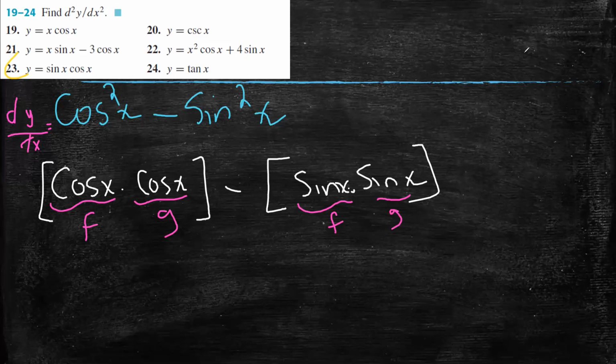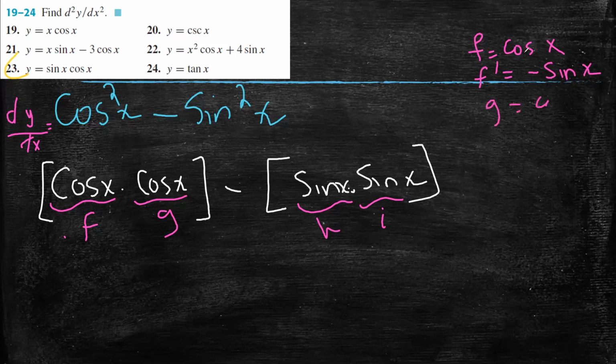So let's name it with other letters: f, g, h, i. If f is cosine, so f prime is negative sine.